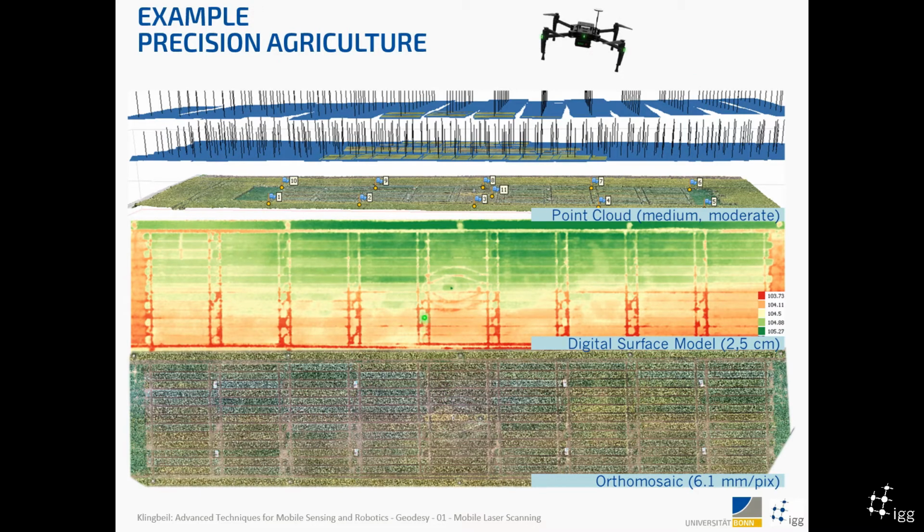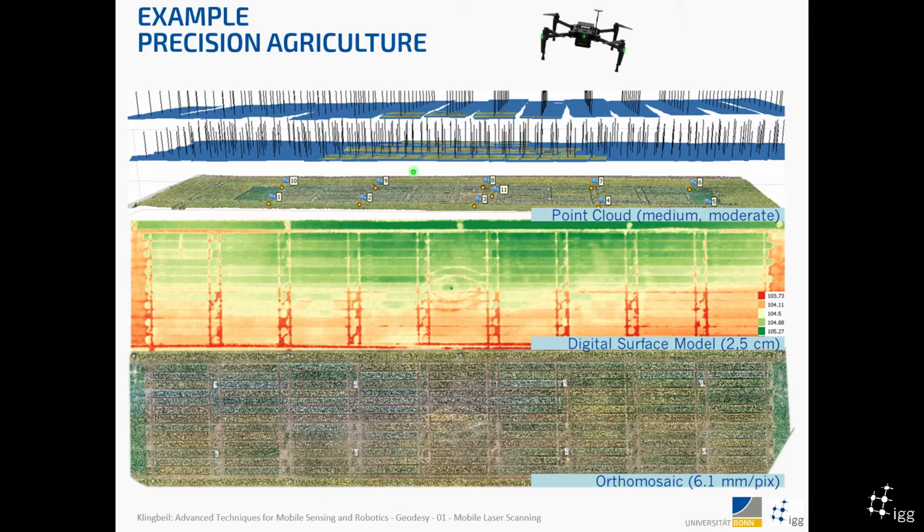This is directly leading to another application of these mobile mapping systems. We can consider a drone here in this example with some sort of sensor as a mobile mapping system. It's flying over the fields and generating information about the field, about the plants, about the crops. So it is possible to get very quickly, very highly spatially resolved information about the status of the field.